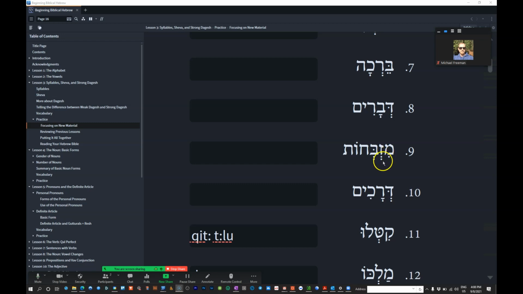Therefore, the first Shava is silent. The second Shava is immediately preceded by a silent Shava. And a silent Shava is not short. Therefore, the second one has to be vocal.